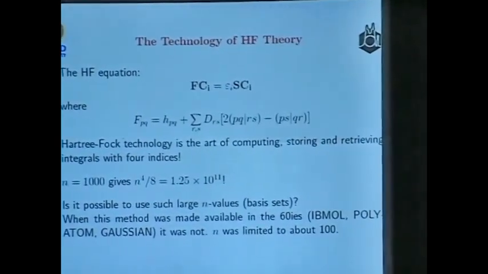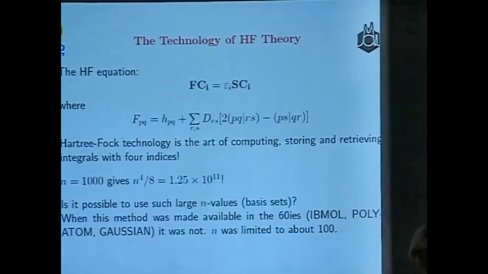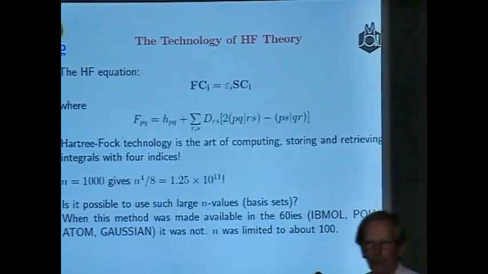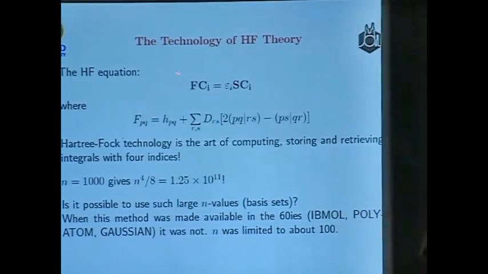Let's look at an example, Hartree-Fock theory, and now if you don't like equations, I promise you there won't be many. But I want to give you some numbers so you get a feeling for what we're dealing with here. In Hartree-Fock, you want to determine some coefficients, the coefficients of the molecular orbitals, by solving an eigenvalue equation that looks like this, where this is the so-called Fock or Hartree-Fock operator, which has matrix elements that look like this, and this describes the one-electron part of the Hamiltonian, the kinetic energy, and the interaction of the electron with the nuclei.